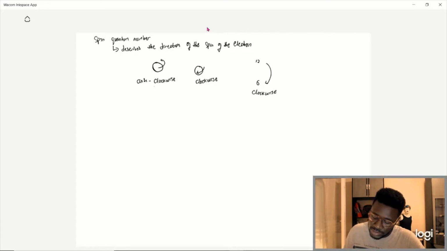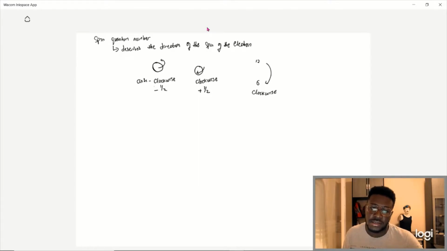When it spins in the clockwise direction, we say the value of the spin quantum number is plus half. When it spins in the anti-clockwise direction, it's minus half. So there are just two possible values of your spin quantum number, plus half and minus half.